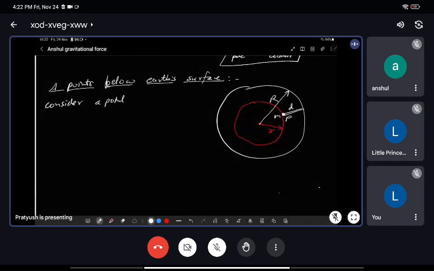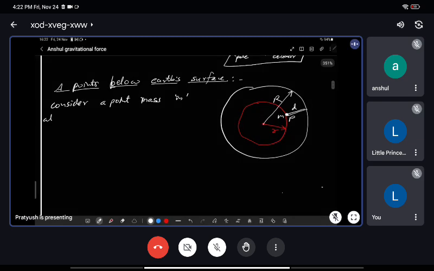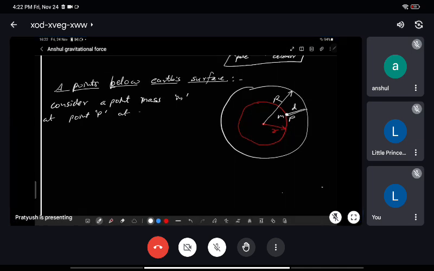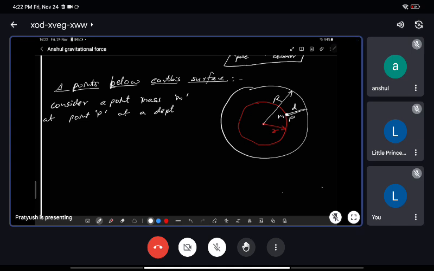Consider a point mass small m at point P at a depth small d from the surface.